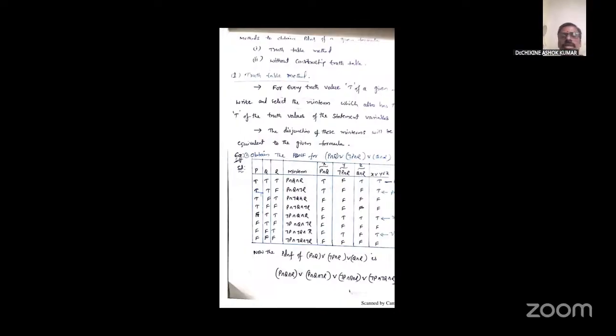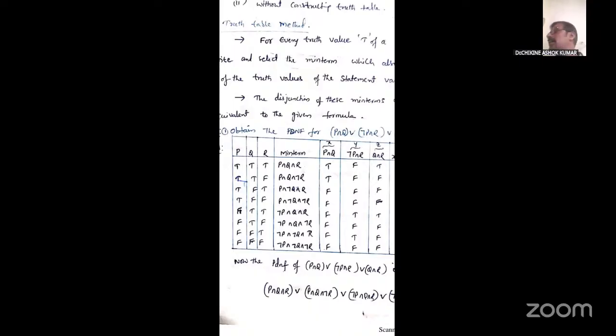Now let me discuss one example. I want to find the principal disjunctive normal form of (P intersection Q) union (negation P intersection R) union (Q intersection R).